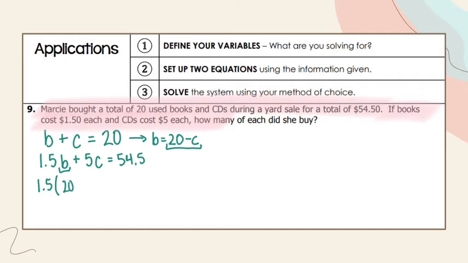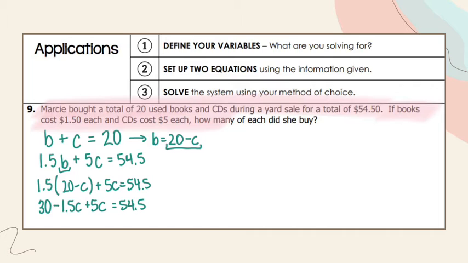1.5 times 20 minus C plus 5C equals 54.5. Then we will distribute. 1.5 times 20 is 30 minus 1.5C plus 5C equals 54.5.